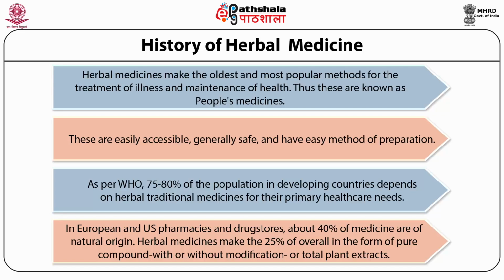According to another estimate, about 40% of the medicines available in pharmacies and drugstores in European and US pharmacies are derived from natural origin. It has been found that herbal medicines make 25% of the overall medicines in the form of pure compounds that are derived from plants.